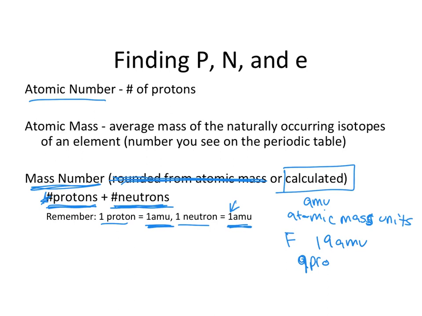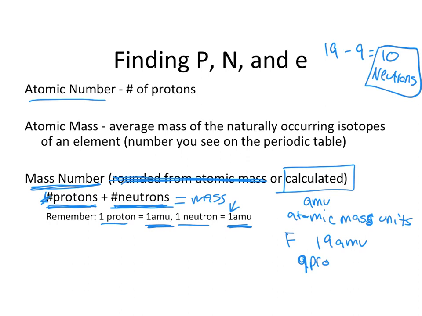So here, if protons plus neutrons equals my mass, I can subtract my protons away from my mass, and then it will give me only the number of neutrons. So I'm going to take my 19, which is my mass number, minus the 9 protons, and that gives me 10. So now I know that I have 10 neutrons in this particular atom of fluorine.